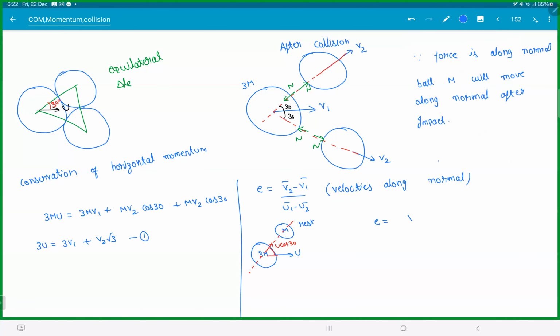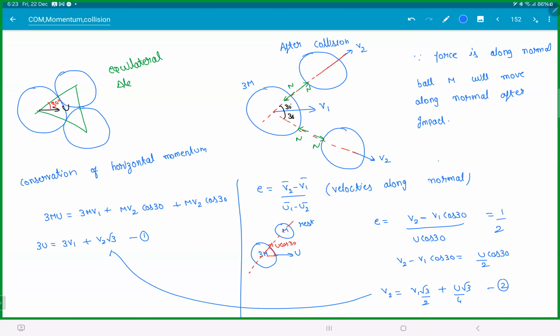So E will be: v2 is v2 only, v1 will be v1 cos 30, u2 is 0, and u1 is u cos 30. This is equal to half. So v2 minus v1 cos 30 is equal to u cos 30 by 2. From here I get v2 minus v1 root 3 by 2 equals u root 3 by 4. This is equation 2. Take this and put it in equation 1. Check the equations first.